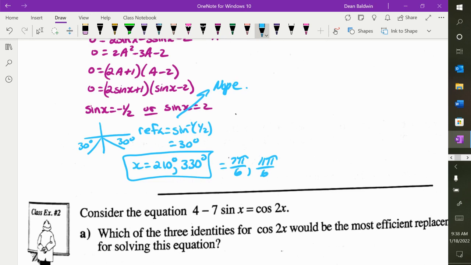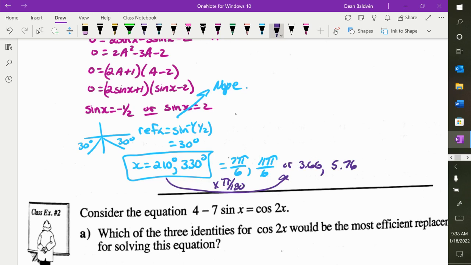If you don't like that method, yeah, you can multiply those by pi over 180, and you'll get the decimal equivalents, which is 3.66 or 5.76.